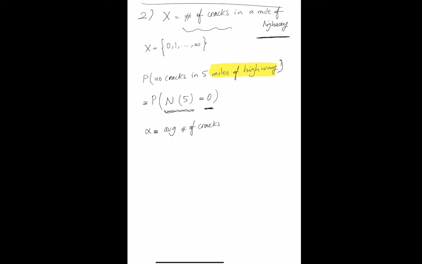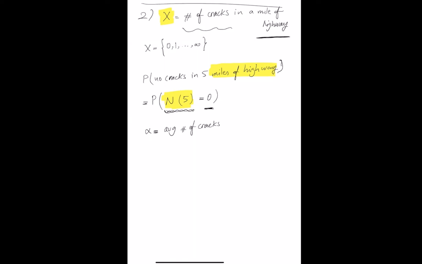So as if this is a new random variable, other than the random variable x that we initially defined. Both of them have a Poisson distribution because both of them are the number of things in a measure of space or time. Both of them vary between 0 to infinity.